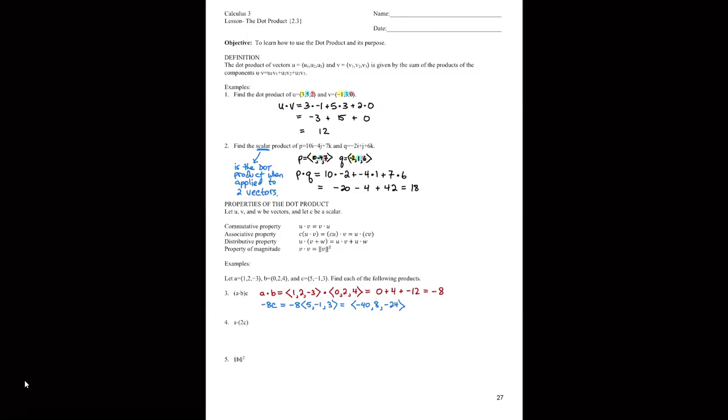Now, number 4 is associative property. Well, it doesn't have to be. You could just carry out the operation if you want, double the C and then dot it. But the whole point behind this particular problem was to show you that you can regroup. So in the last one, I didn't really talk about it, but I did apply the commutative property, right?